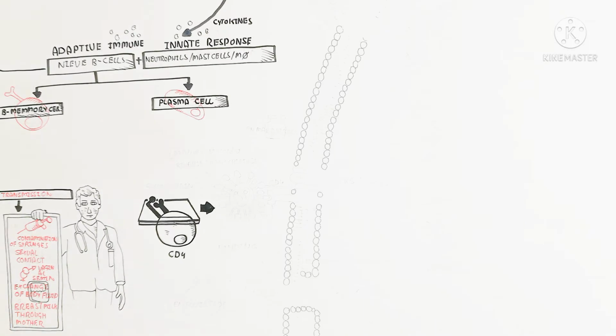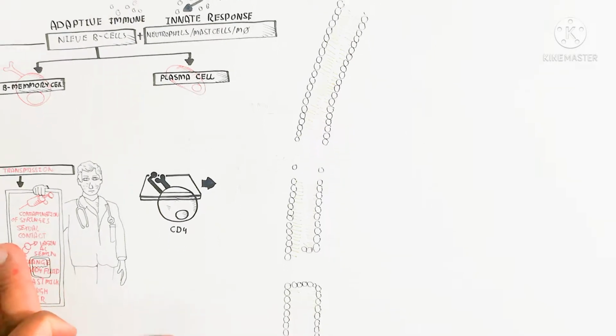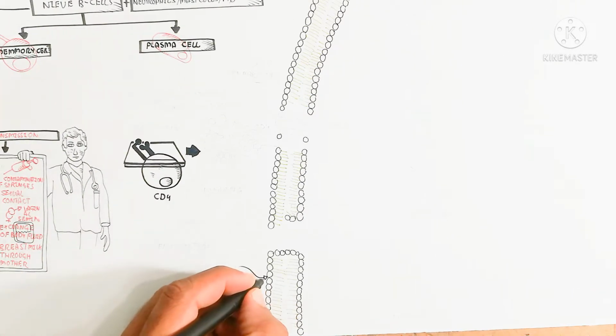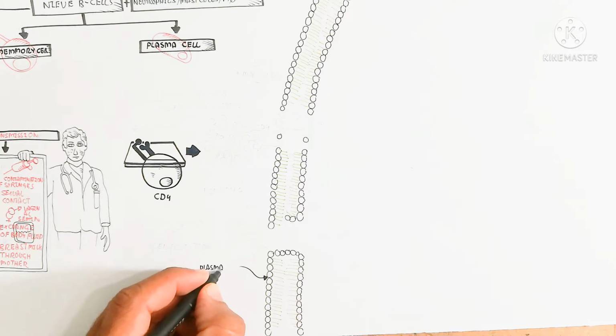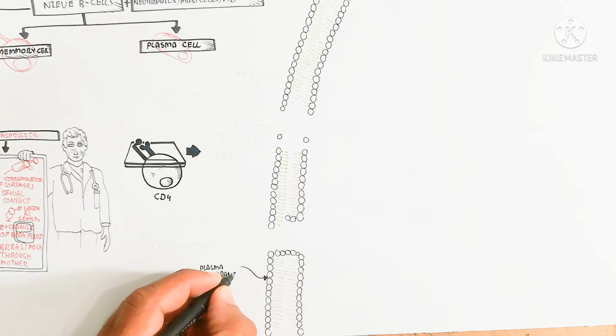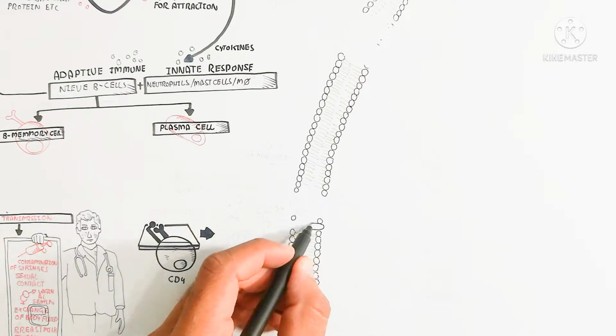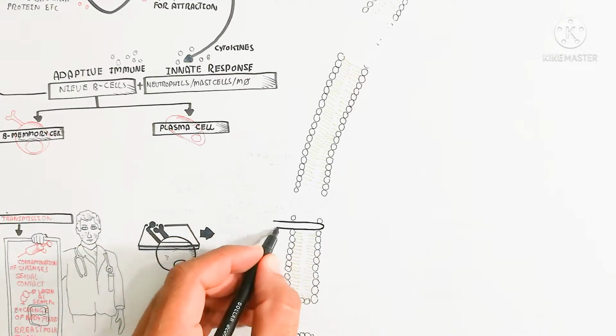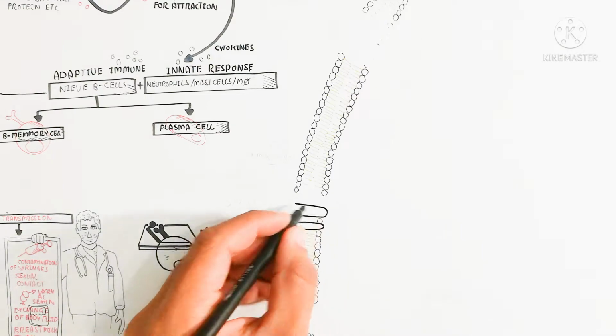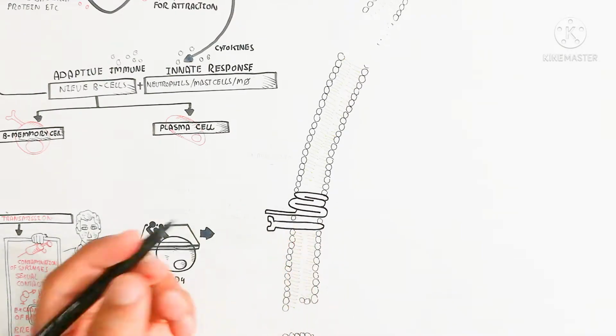Now the virus: it is a two-stranded RNA virus, and it contains the reverse transcriptase enzyme, the integrase enzyme and the protease enzyme, and these enzymes are used for replication inside the host, the CD4 cell.